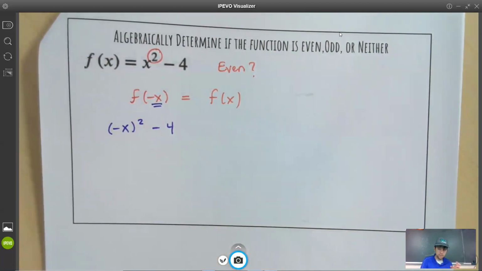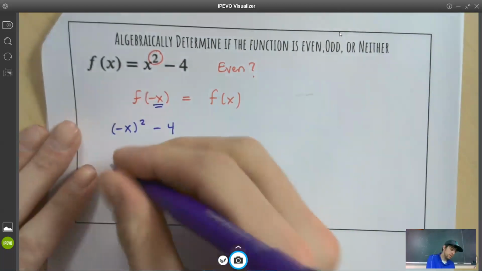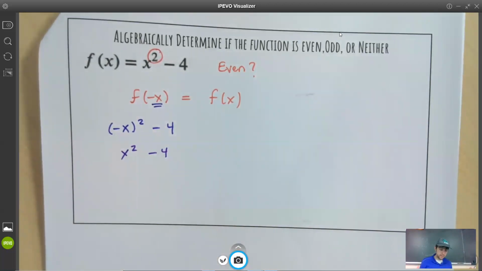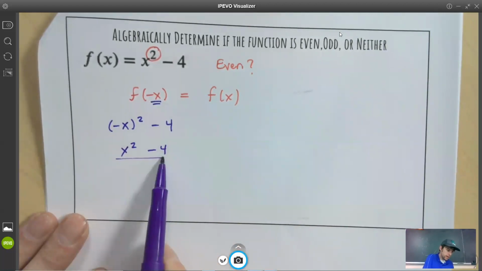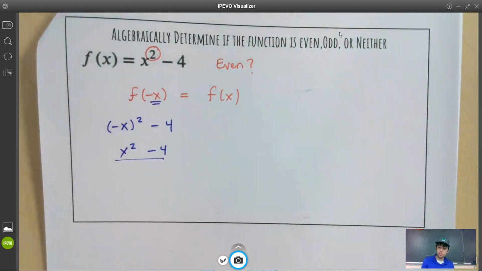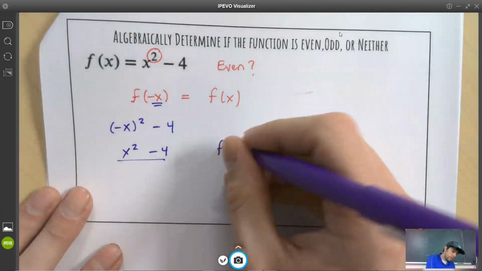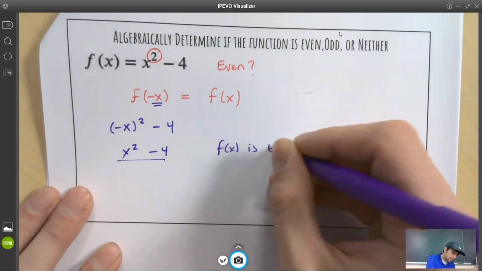Negative x to the 2nd is just negative x times negative x, which turns into positive, negative times negative, x squared minus 4. And is this equal to the original function? Is this equal to f of x? Well, it does. It matches exactly the original function. Therefore, this is an even function. So f of x is even.